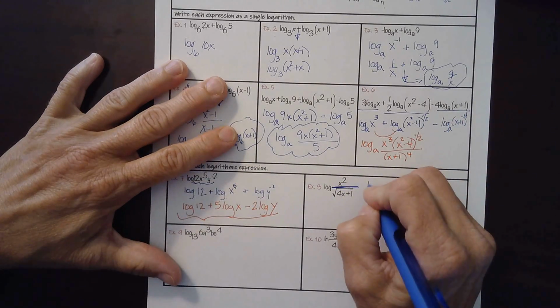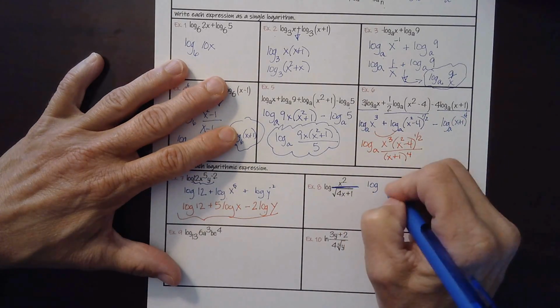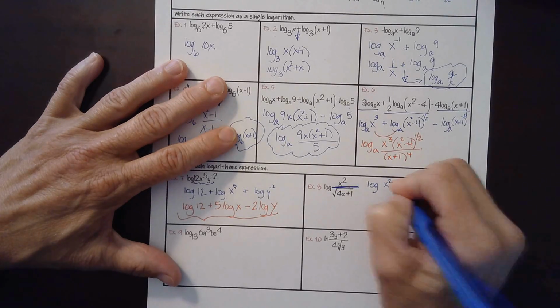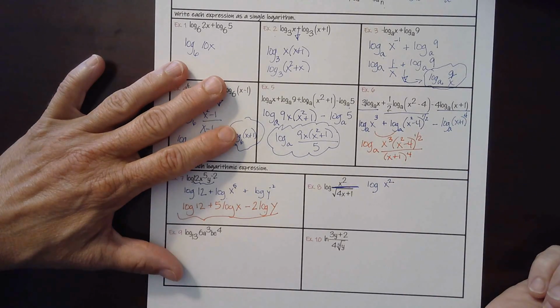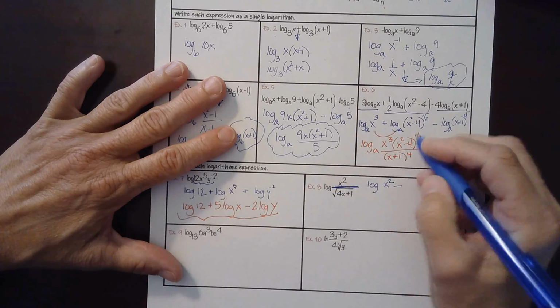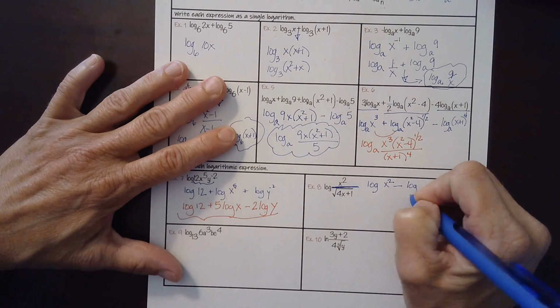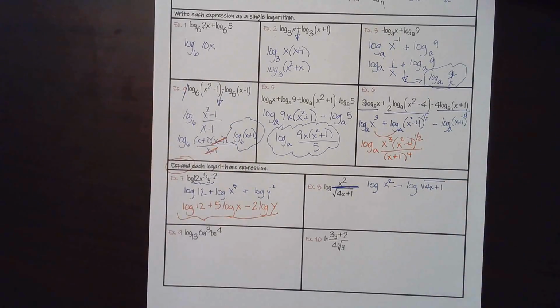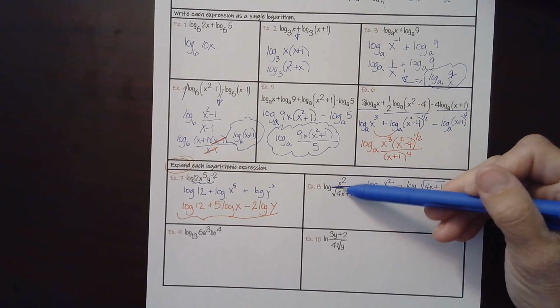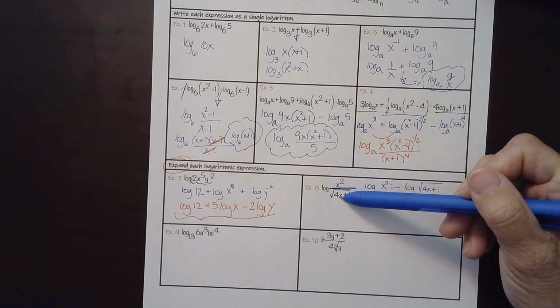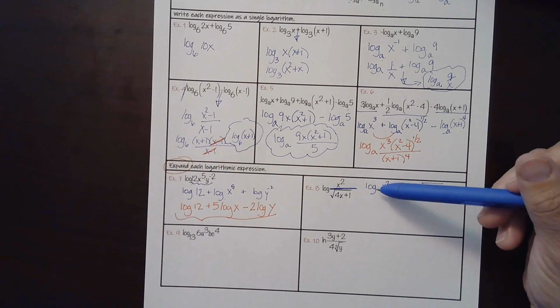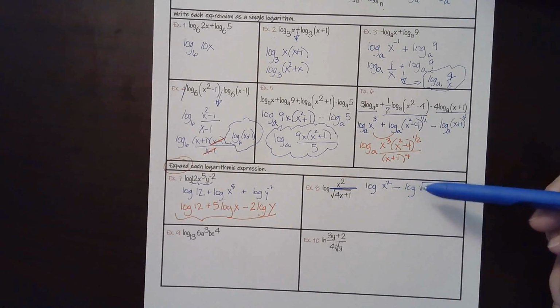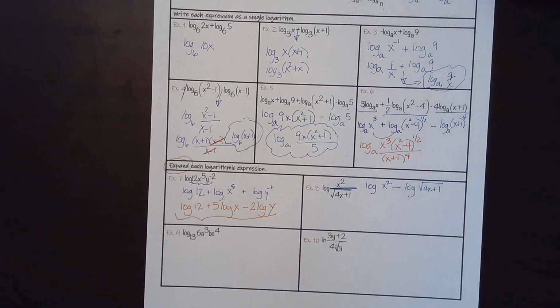This is going to give me log of x squared minus log of the square root of 4x plus 1. I had to think about that a minute. To undo the division of a logarithm, that will involve subtraction. So log of x squared minus log of the square root of 4x plus 1.